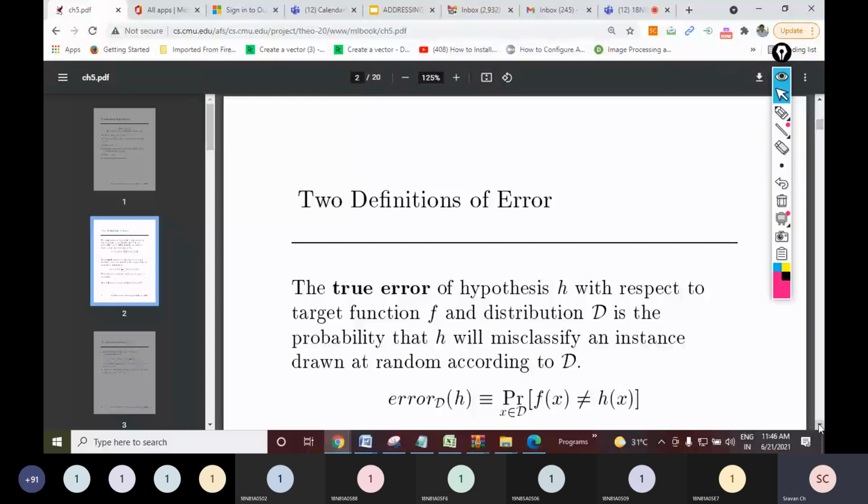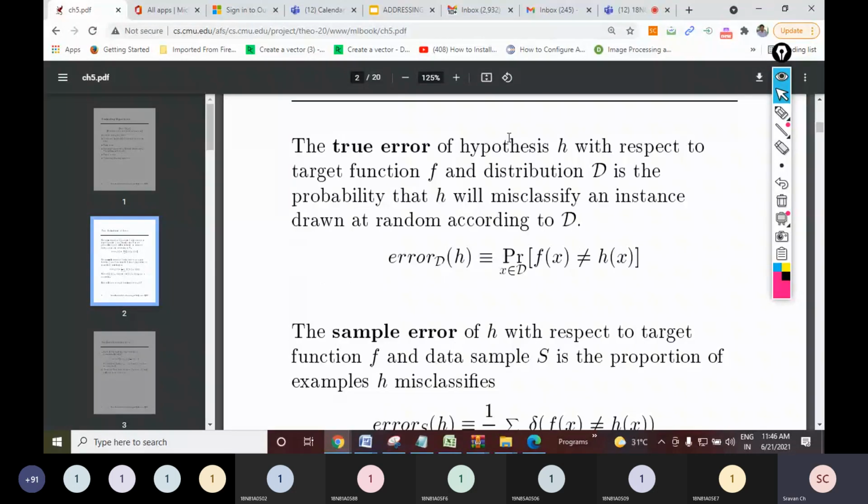The true error of hypothesis H with respect to target function and distribution D is the probability that H will misclassify an instance drawn at random according to D. What did you understand by this statement?